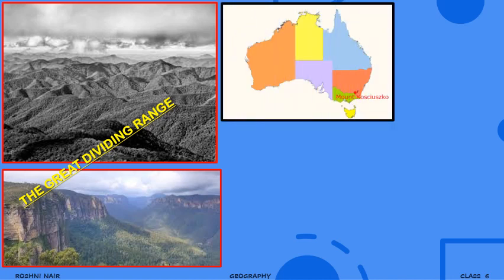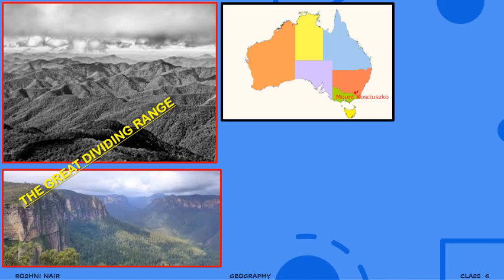As I mentioned earlier, the highest peak of the Eastern Highlands is Mount Kosciuszko, and it is around 2,228 meters above sea level. This highest peak lies in the Australian Alps region. And you remember, Australian Alps is the name given to the Eastern Highlands in the Victoria state. That is why it is shown here.